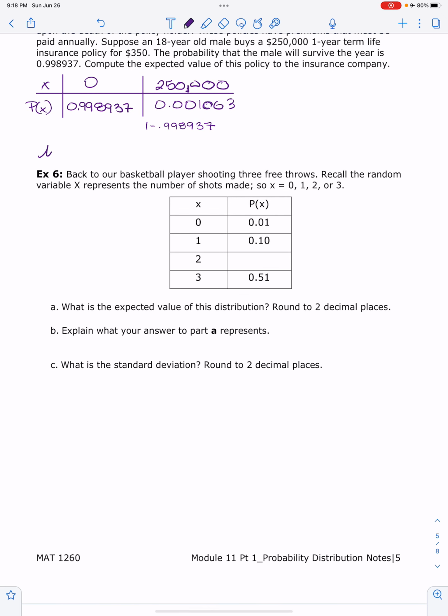So our expected value is 0 times 0.998937 plus 250,000 times 0.001063, which gives a cost for the insurance company of $265.75 per policy.